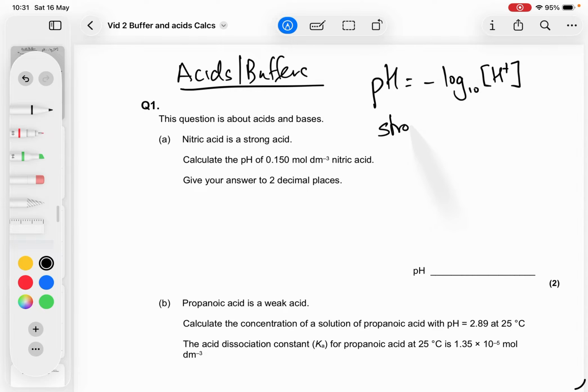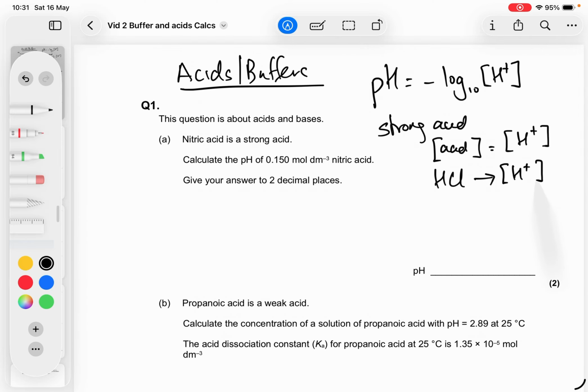If you have a strong acid, then the concentration of the acid equals the concentration of H+. If it's a monoprotic acid, HCl, then its concentration is the H+ concentration. If it's diprotic, then the concentration of hydrogen ions is 2 times the concentration of the acid.